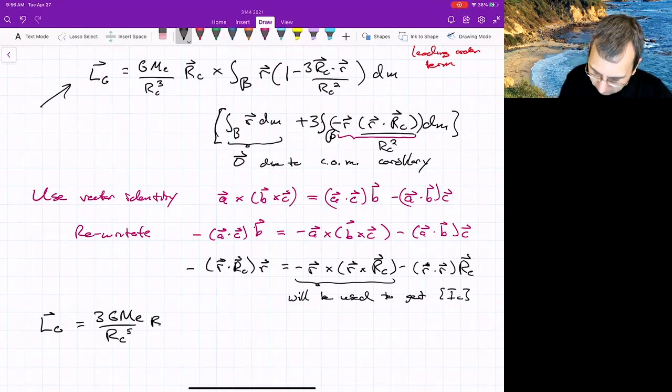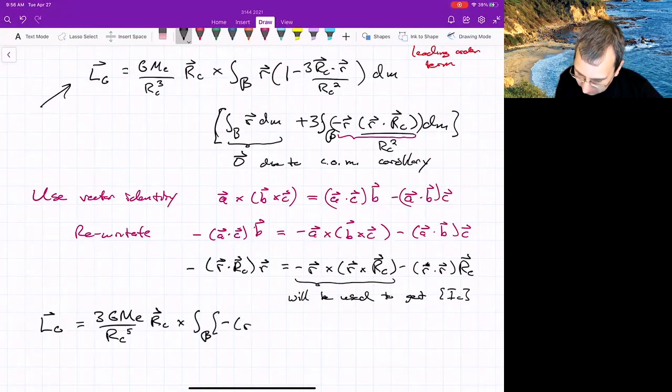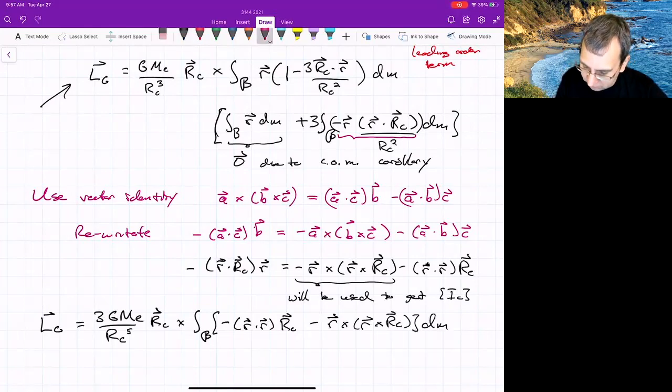Rc to the 5th, rc the vector, cross the integral of negative r dot r times rc minus r cross rc dm. If we do this first integral, capital RC can be brought out of the integral, and then we'll have RC cross RC. So that's going to give us 0.